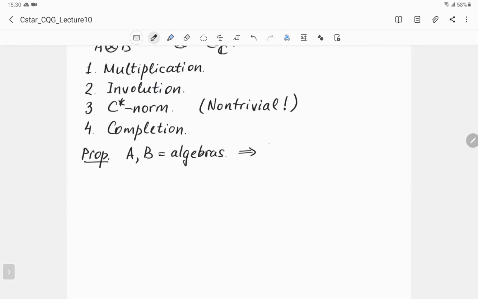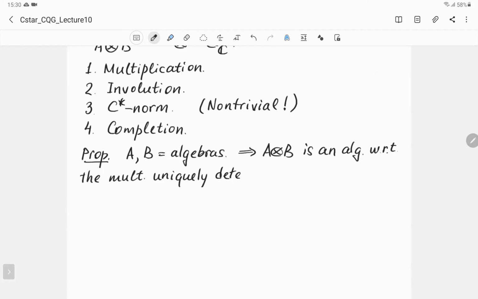I claim that their tensor product, A tensor B, is also an algebra with respect to the multiplication uniquely determined by the following formula. The product of two elementary tensors, a1 tensor b1 and a2 tensor b2, is the elementary tensor a1a2 tensor b1b2.